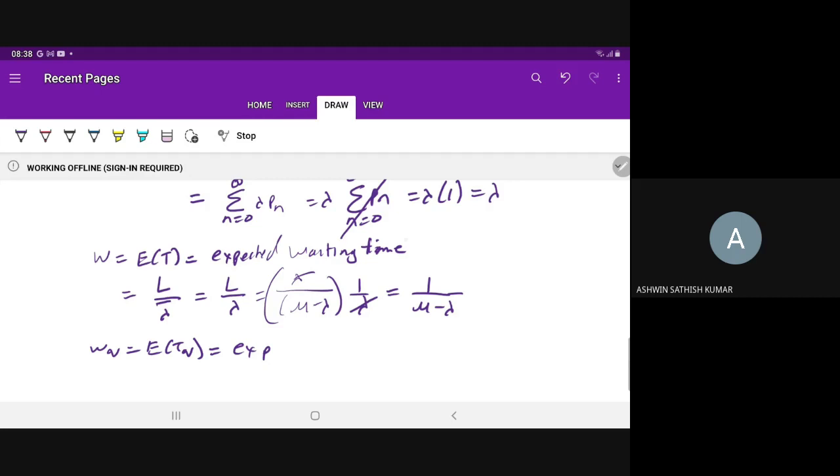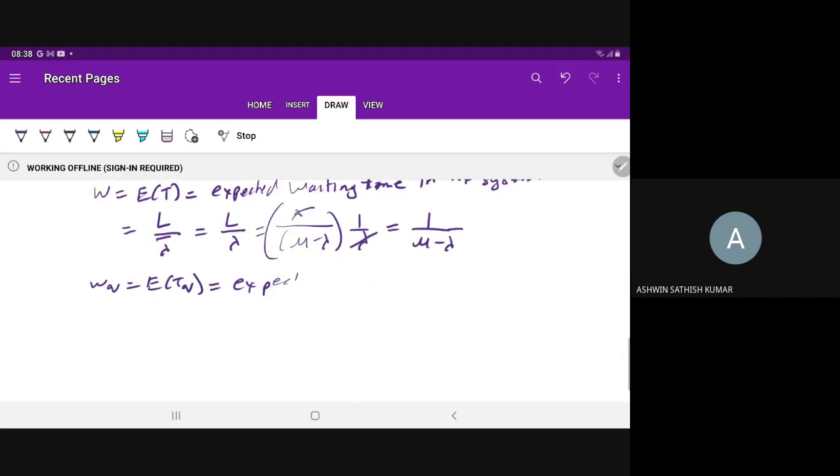It is LQ upon lambda bar, and LQ we just computed as lambda square upon mu into mu minus lambda, into 1 upon lambda.